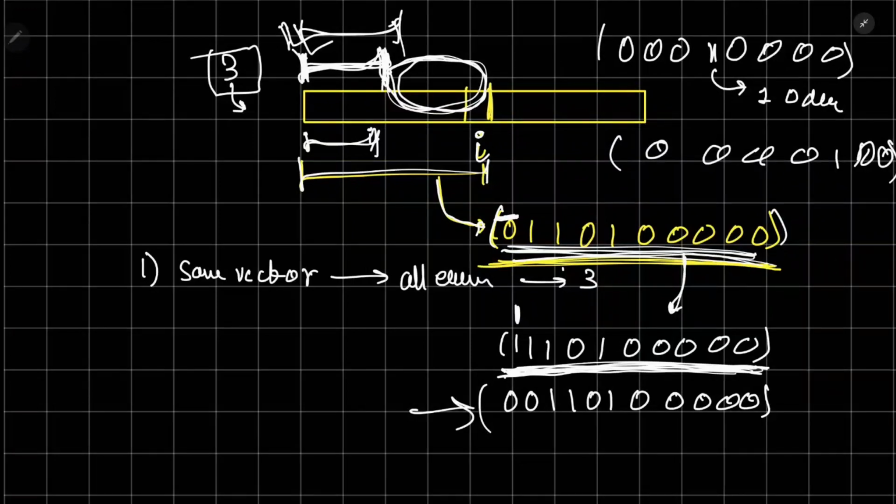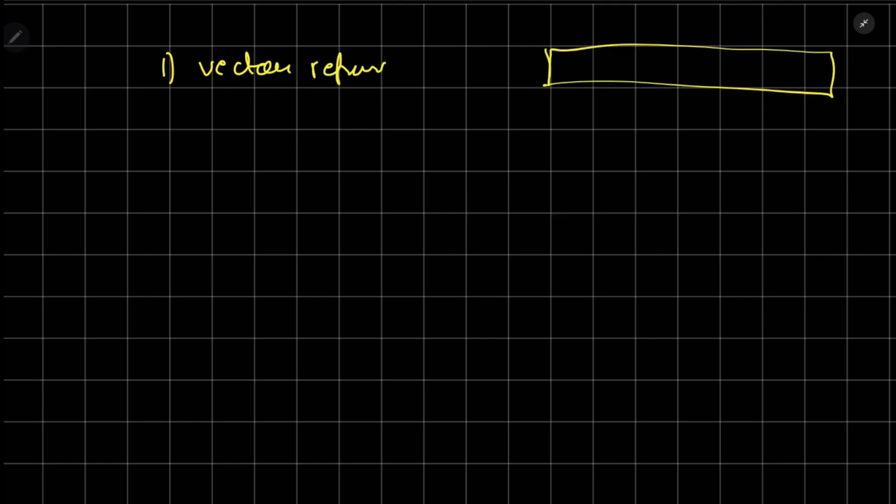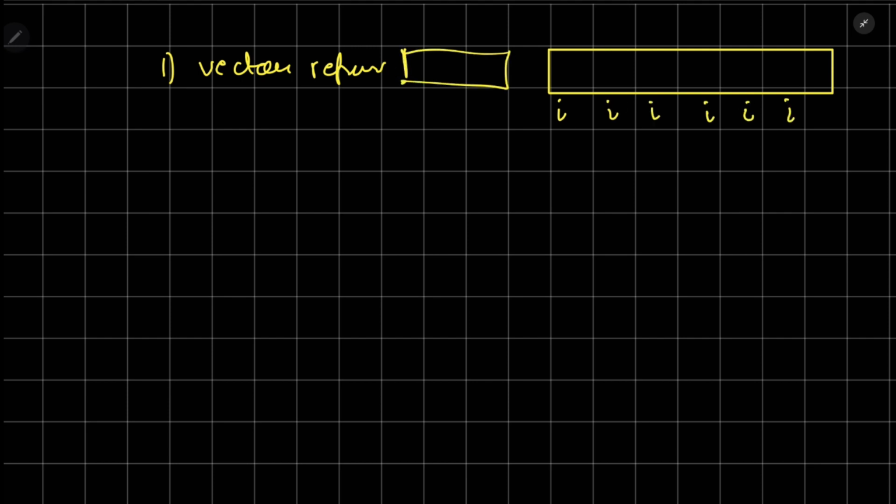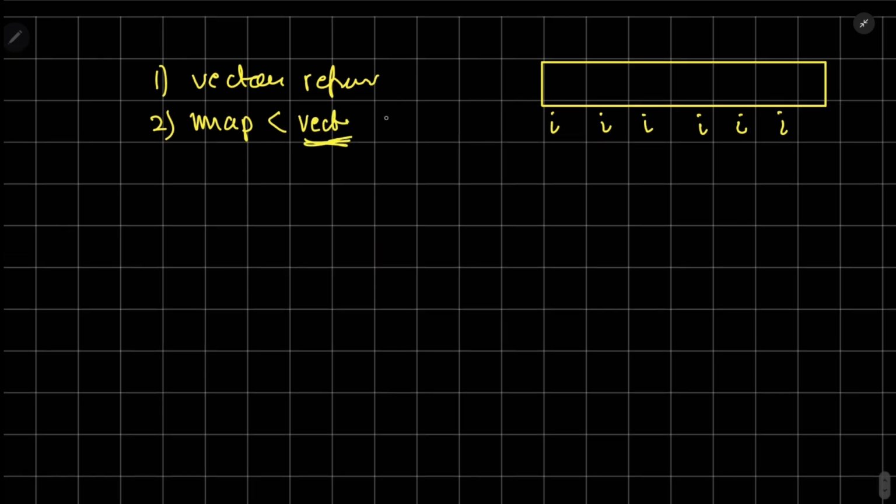So now what you have understood is that you mainly have to do 2 things. First, maintain a cumulative vector representation that updates itself with each i. Second, maintain a map that uses the representation vector and its count, so that would be vector comma count.